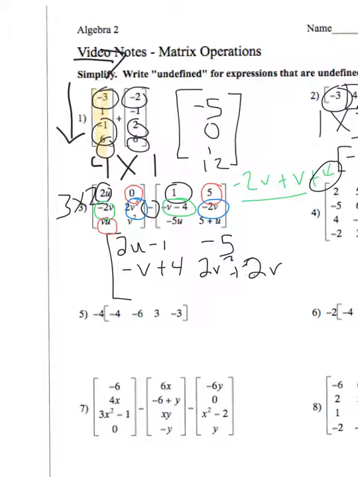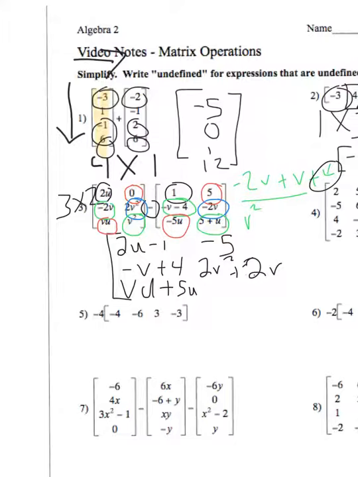Take the VU and subtract a negative 5. Those are not like terms, so we have VU, subtract negative, so that'll be plus 5U. And then the last one will be that position minus that position. So we've got V squared.